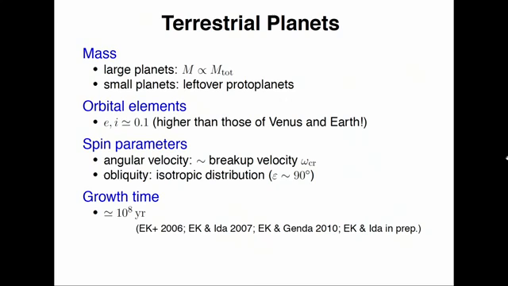The typical outcome of the giant impact stage is two large planets and one or two leftover protoplanets, which may correspond to Mercury and Mars. About the orbital elements, the eccentricity and inclination are 0.1, a typical value higher than those of Venus and Earth. So we need some damping after the completion of Venus and Earth.